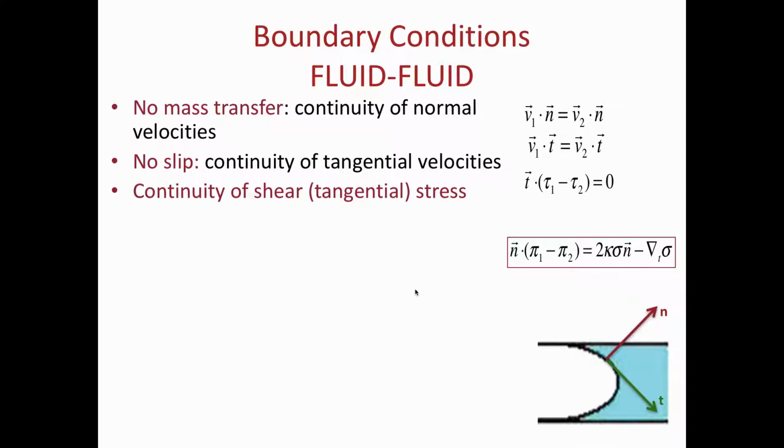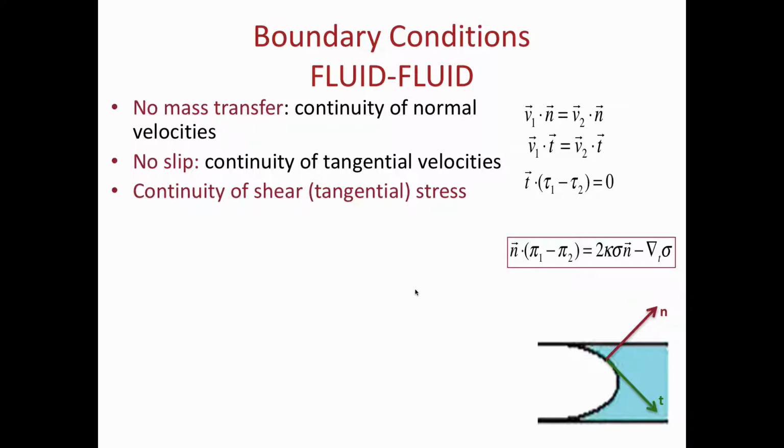I also have a continuity of shear or tangential stress. So shear stress in one fluid is equal to the shear stress in another. And we did have that situation. Basically, we had the top of my thin film, where I had to have a continuity of shear stress, but I had air next to a fluid.